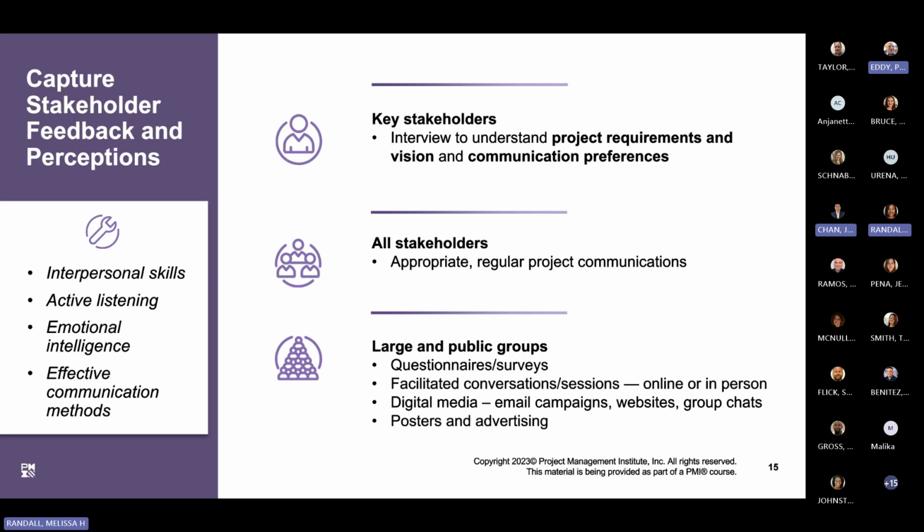But this is all around making sure that we're getting our stakeholders' feedback and their perceptions, and these are just some of the things we would do. And then to help see, are we being successful? Now that we are finding out what is important to them, that's helping us deliver the project, right?